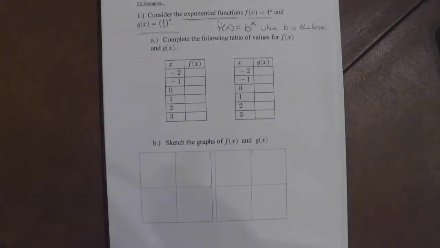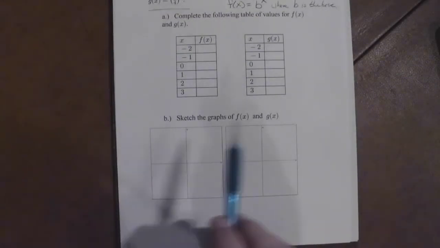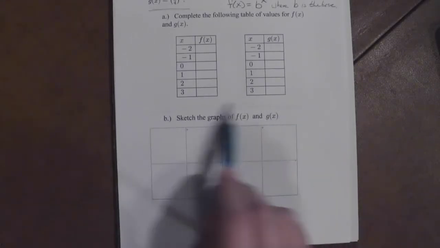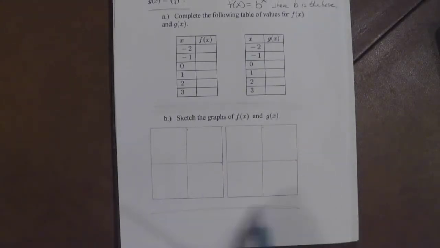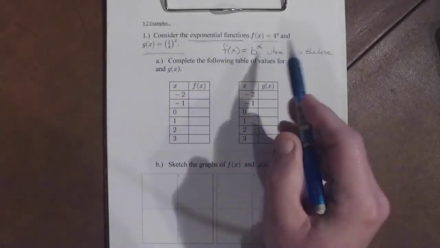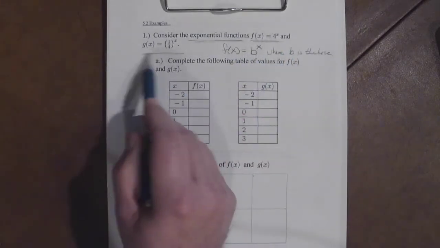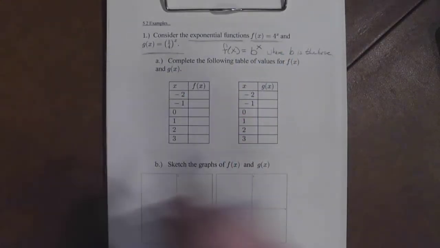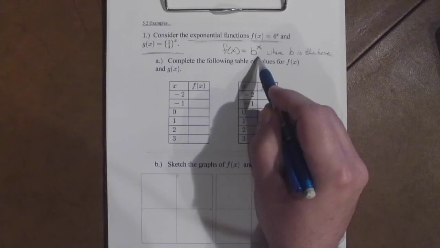And what does it mean to exhibit exponential behavior? Well, we could see that if we spend a little time looking at maybe some of the tables and graphs of some very basic exponential functions. If you notice, these two functions up here, f and g, fit this generic description.